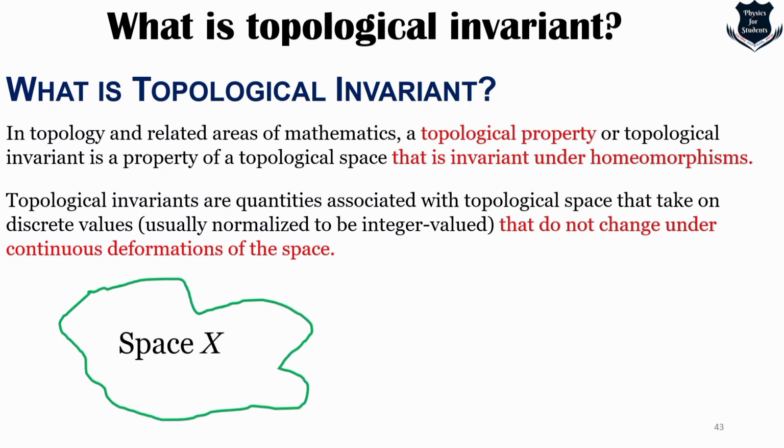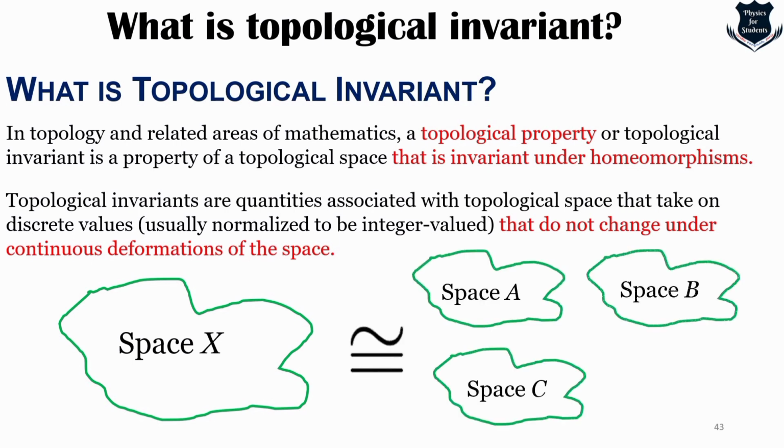Let me give you a quick example. Now, if this is a space X, a kind of object, say for example, whenever a space X possesses a property, every space, A, B, C, and D, that is homeomorphic to this space also possesses that property.